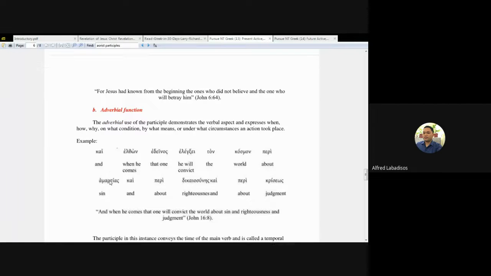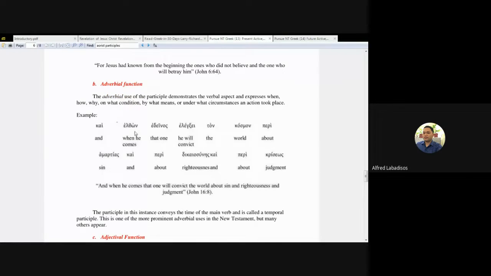For example, we have here: kai elthon ekeinos elegxei ton kosmon peri hamartias kai peri dikaiosynes kai peri kriseos.